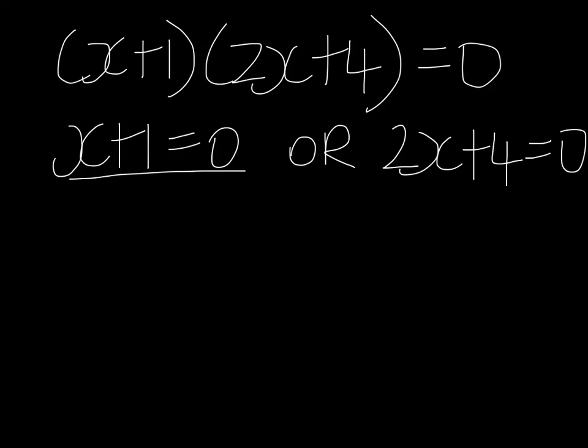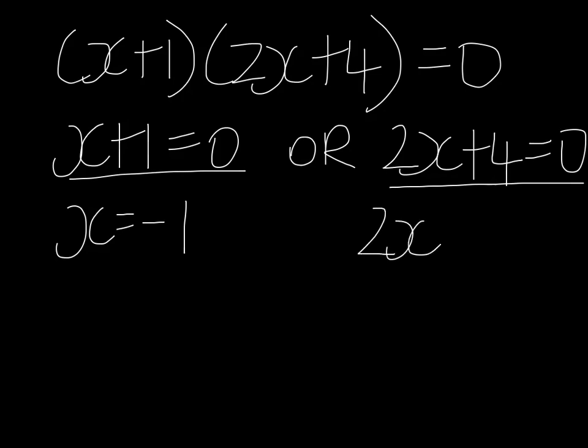The first one is pretty straightforward. You can see that x will be equal to -1. The second one we're going to solve by doing one extra step. We can say 2x equals -4. x must equal -2.